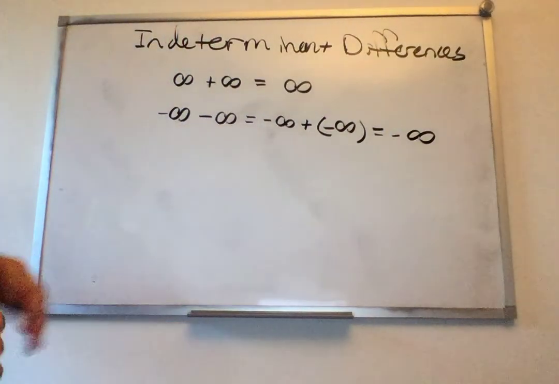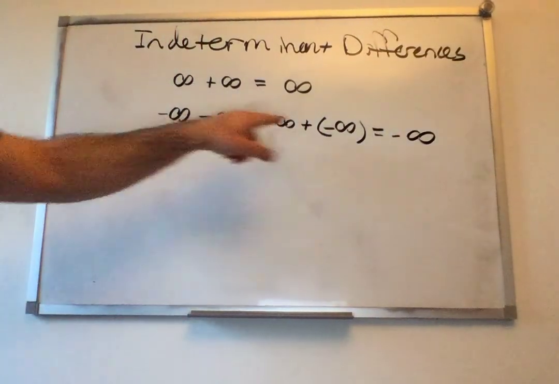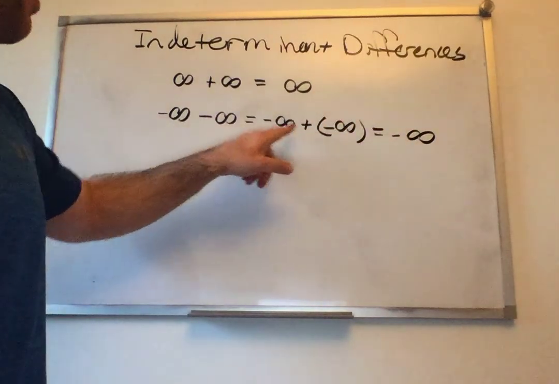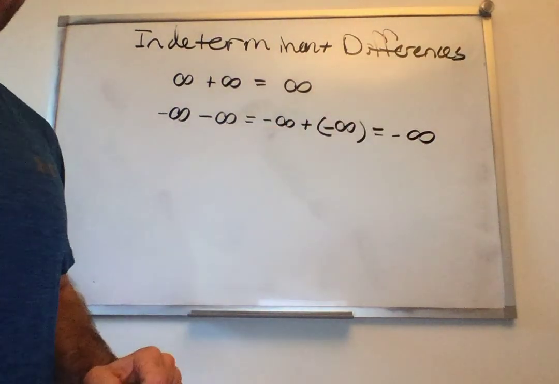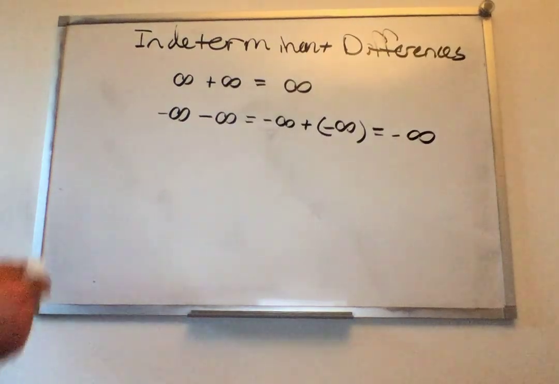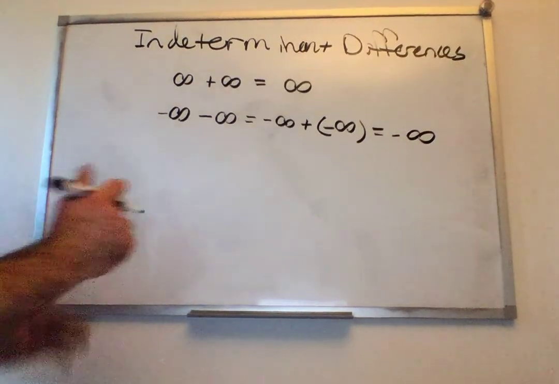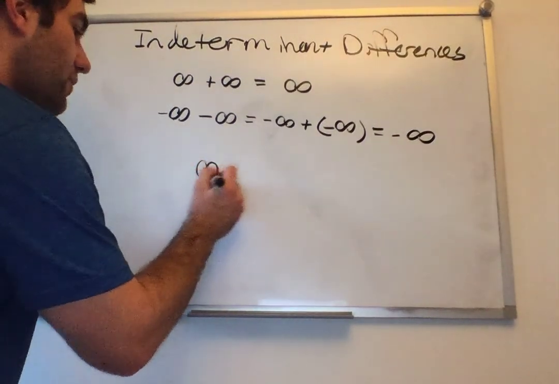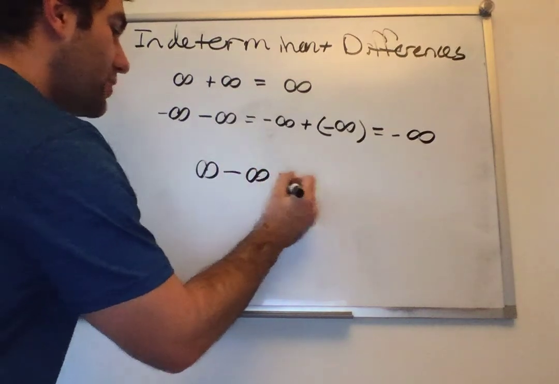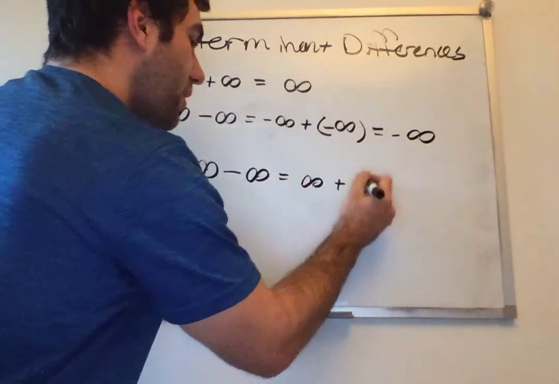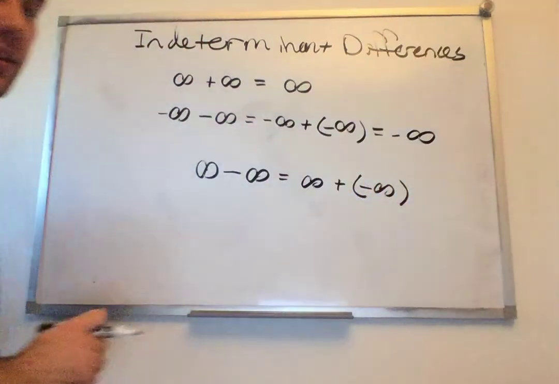Okay? So a negative number minus a number is still negative, or a negative number plus a negative number is still negative. Okay, so we're good there, but what happens when we do infinity minus infinity, which is the same thing as infinity plus negative infinity?